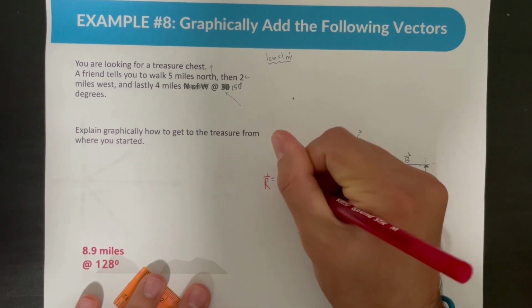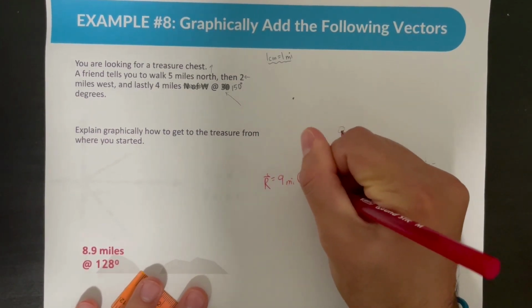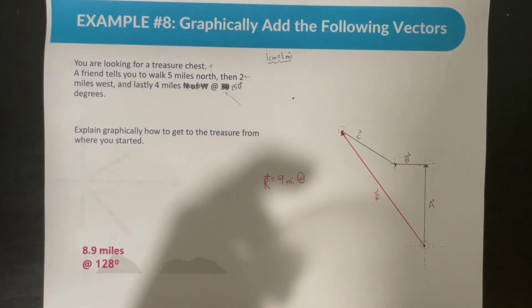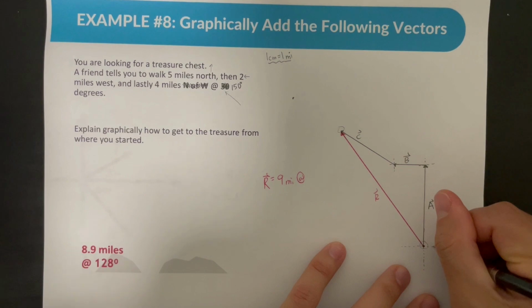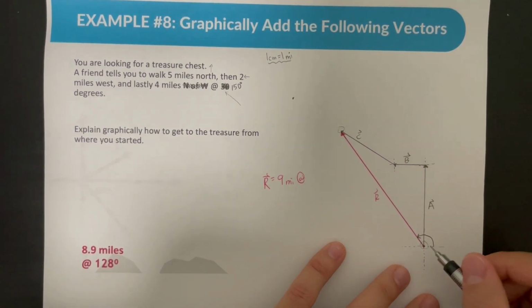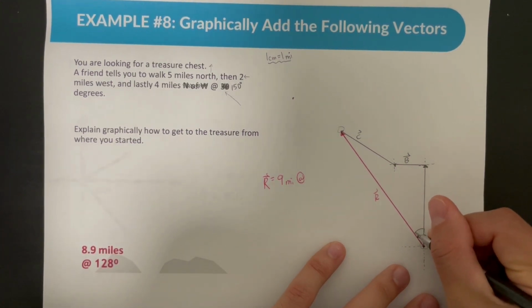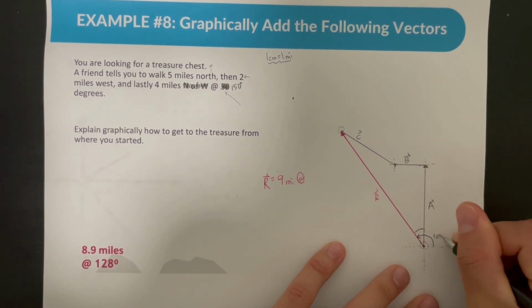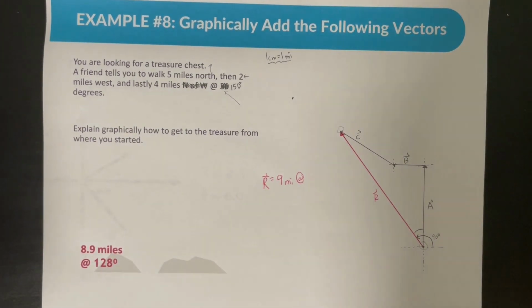Resultant vector equals 9 miles at, and for this angle there's a few ways I could do it. Essentially, I'm looking from here to all the way over here. Two things I could do: I could put that in my protractor and see, or I can measure this angle here and then just add it to the 90 here. Whichever way, it's going to give you the same answer.